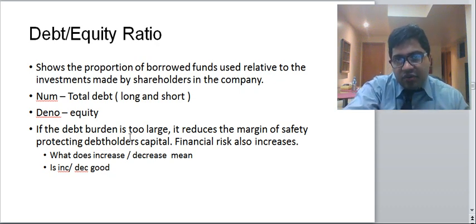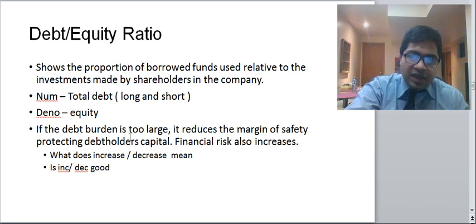Next ratio is debt to equity ratio. It shows the portion of borrowed funds used relative to investment made by the shareholder. In the numerator, you have total debt, long and short, and in the denominator, you have equity. Now, debt is riskiness. If you have too much debt, you have high risk of investment.